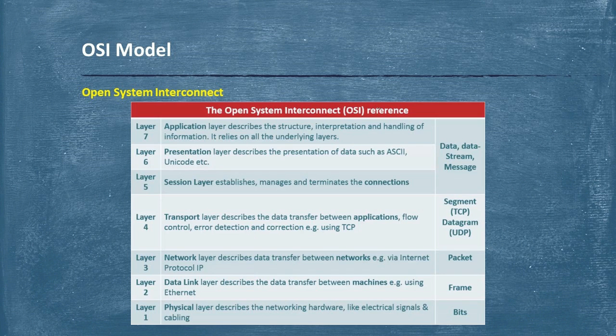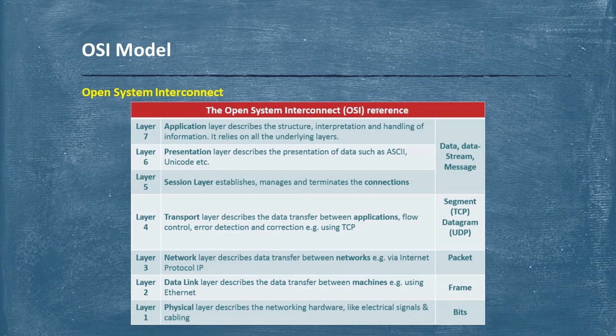The layer below, layer 6, is the presentation layer, which describes the presentation of data such as ASCII, Unicode, etc. The layer below again is 5, called the session layer, which establishes, manages and terminates the connections.